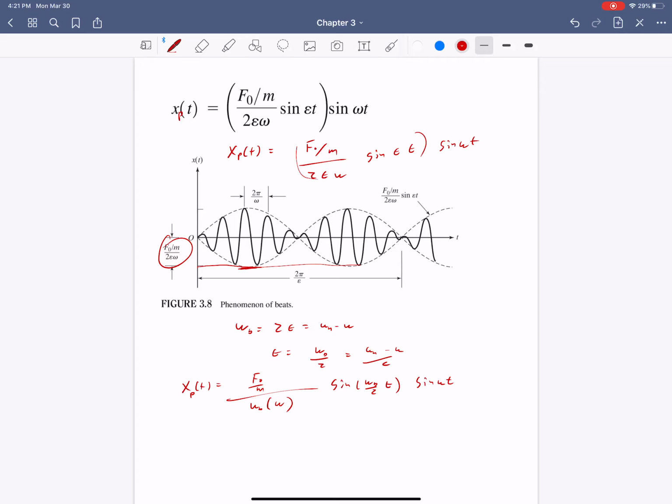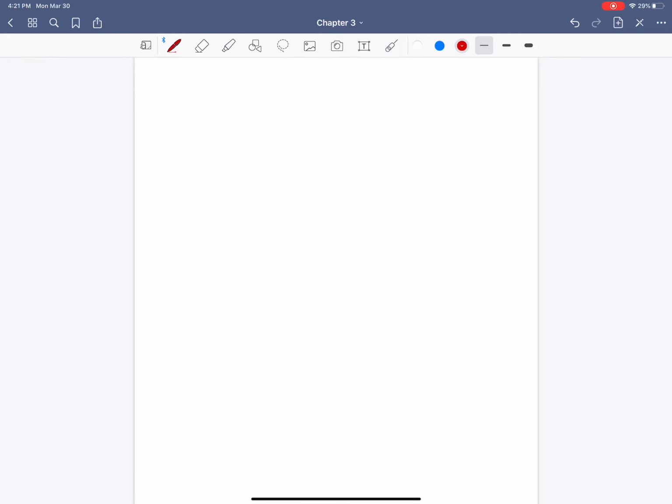And then the frequency that this occurs at, so you've got to go up and then down, that is going to occur over a period tau b, which is, of course, equal to 2 pi over the beat frequency. Okay, so that was a lot of stuff that we've introduced, so let's talk about it.